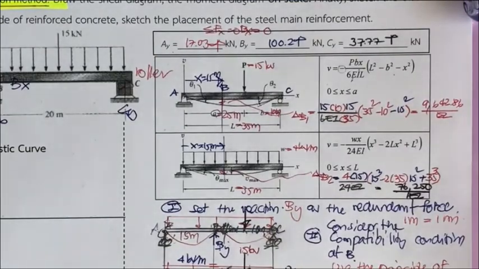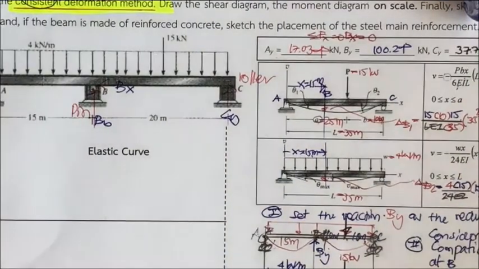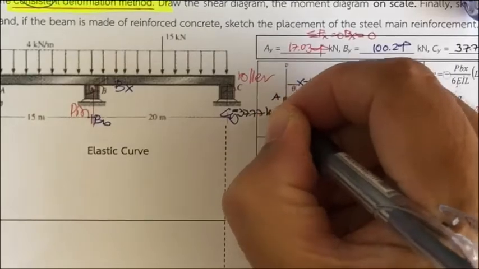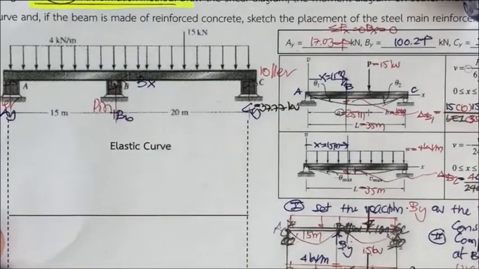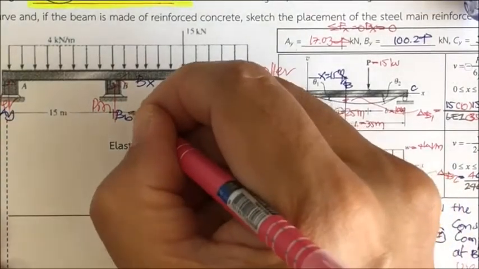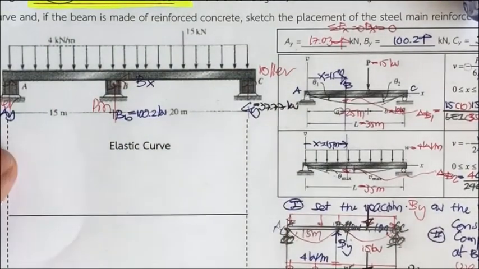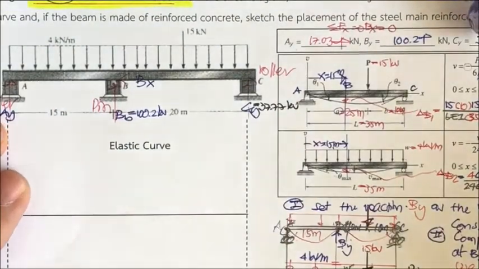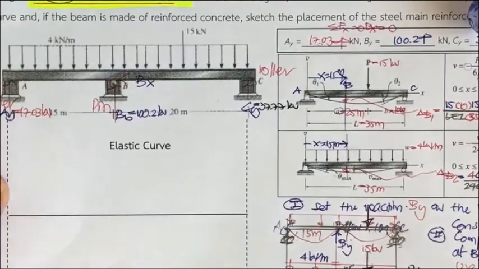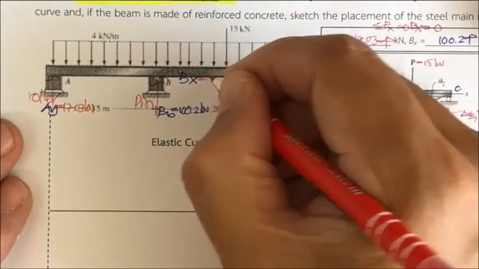Okay, and all of these forces are going to be put into this, so C sub y is going to be 37.77 kilonewton, and this one is going to be 100.2 kilonewton, and this one is going to be 17.03. Okay, that is for the reaction, and B sub x is 0.